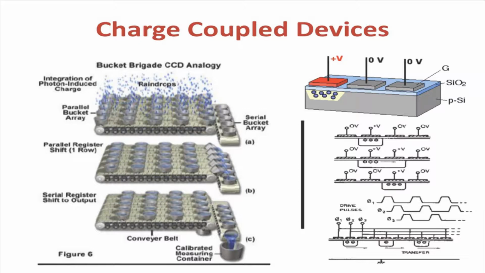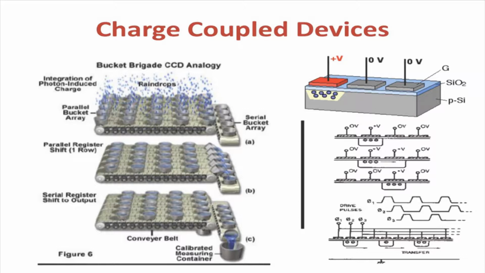Initially, these buckets are all empty. So you tip this into this, then empty this into this, and you read this. You keep shifting, like a shift register. You keep shifting the charges and you read them off.